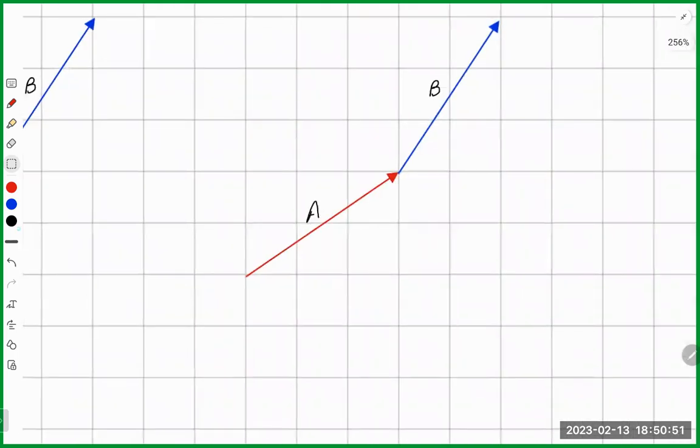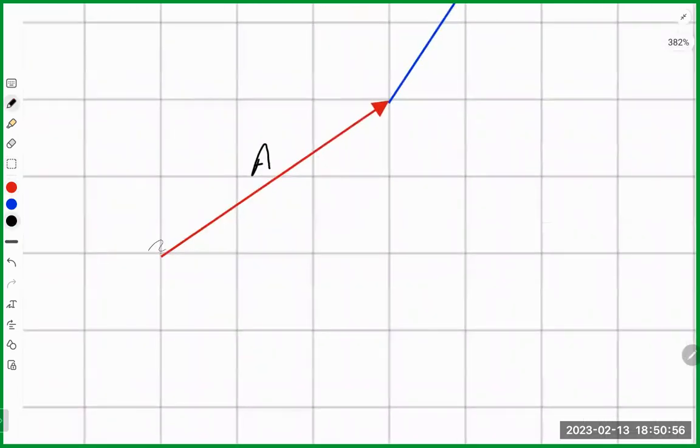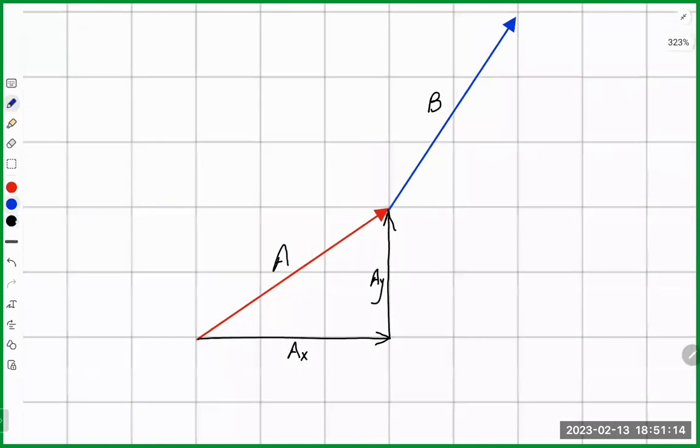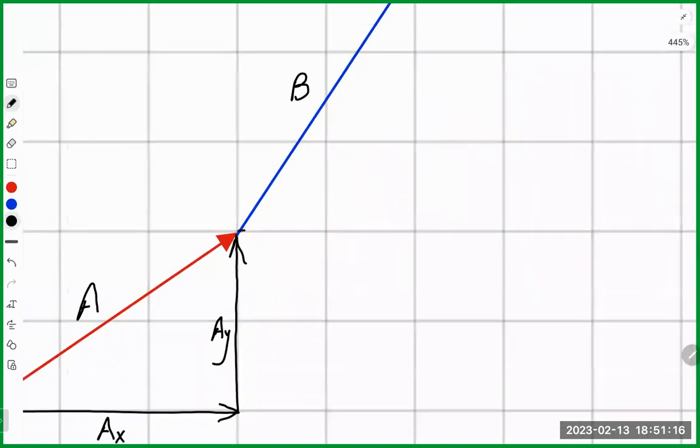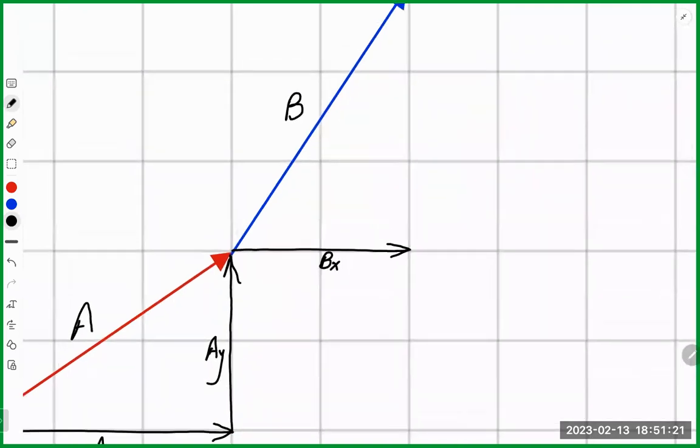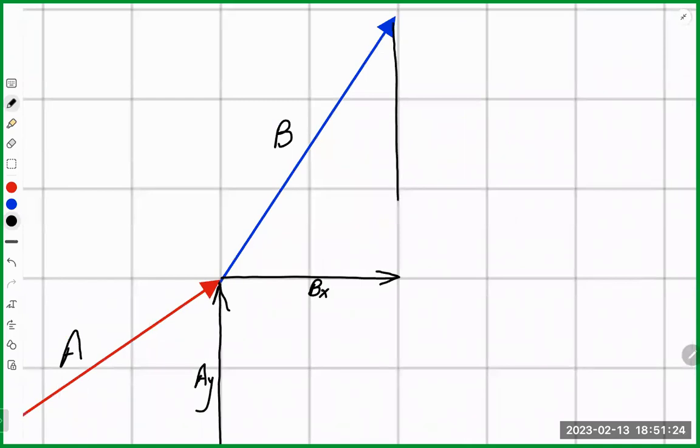Now, but look, do you think this will be A's X component and this will be A's Y component? Similarly, this will be B's X component and this will be B's Y component.